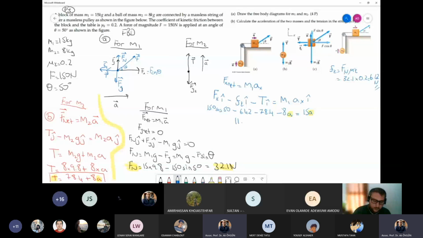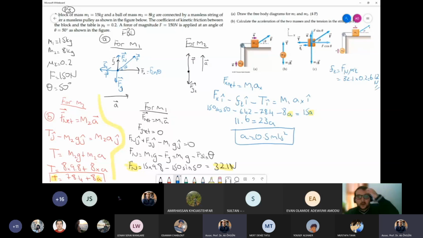So it is equal to 1.6, equal to, take this to other side, 23a. From here, a is equal to 0.5 meter per second square as a magnitude.